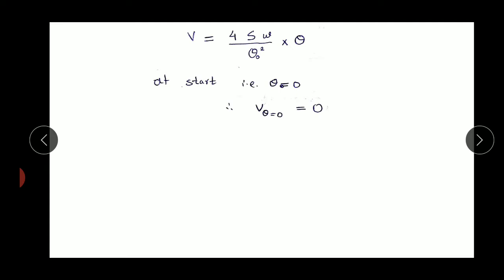Now at the half of the out stroke, theta is half of the out stroke, so it will be theta O by 2. Theta O means angle turned during out stroke.